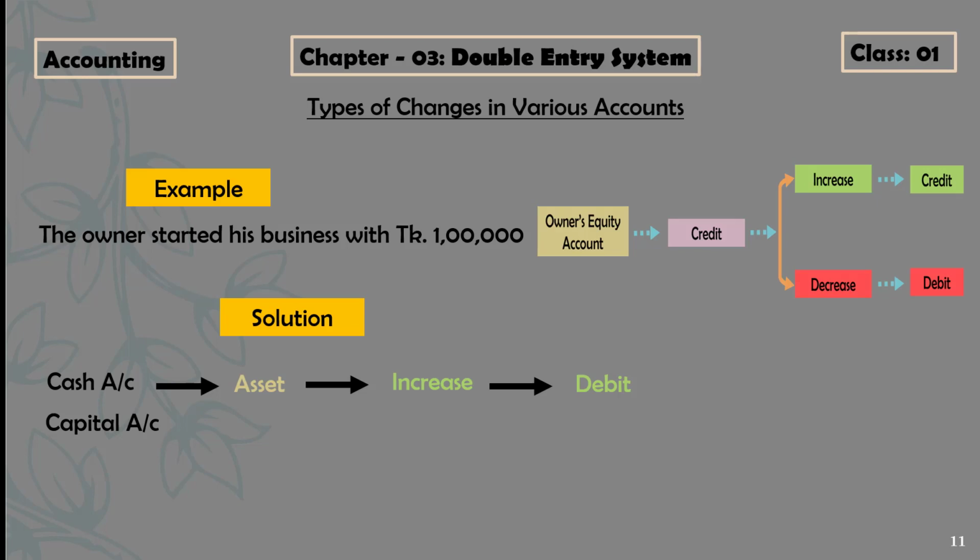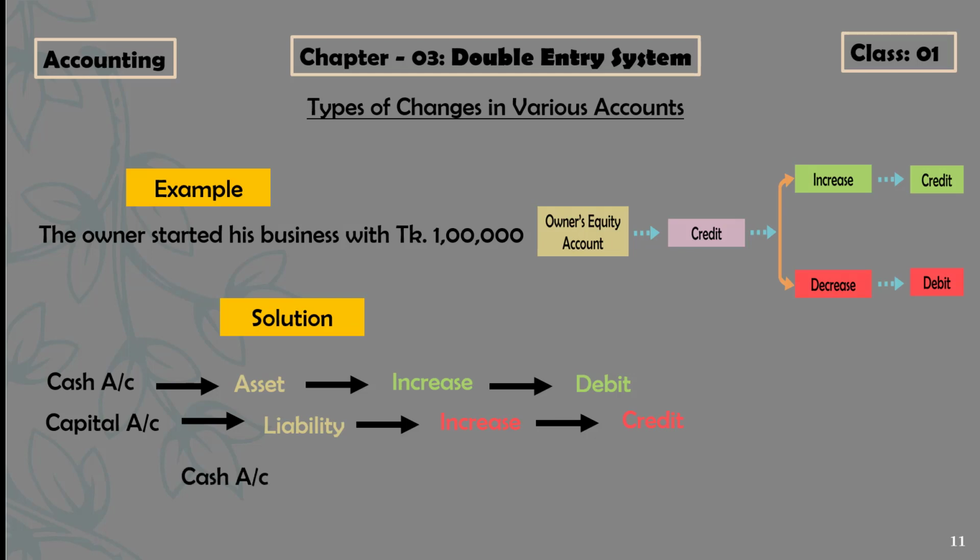The other account is capital account. Since the owner invested taka 1 lakh as capital, capital account is a liability account, and it is also increased, and that's why we will credit it.